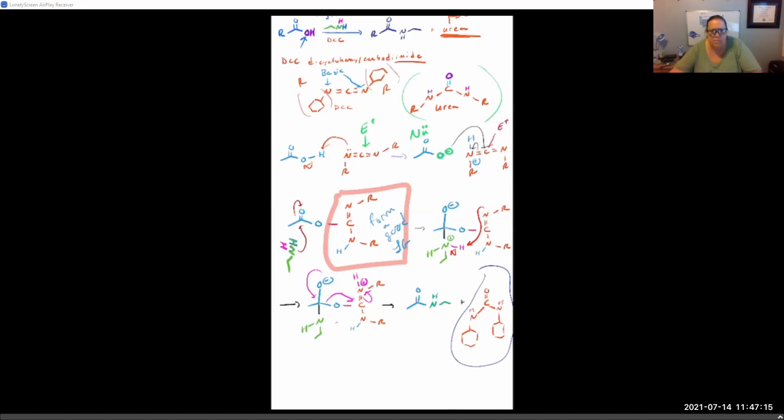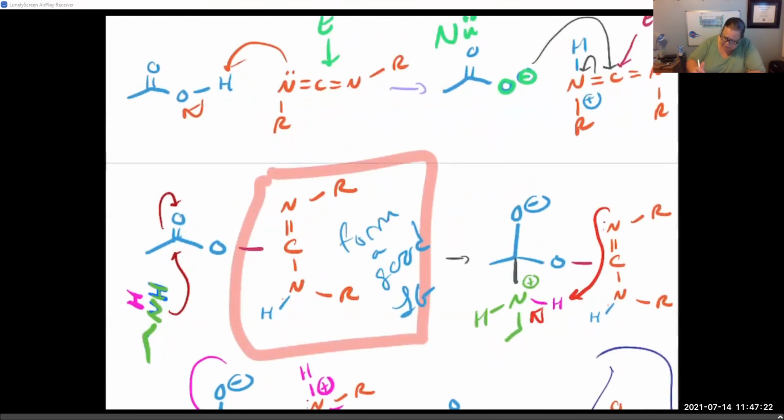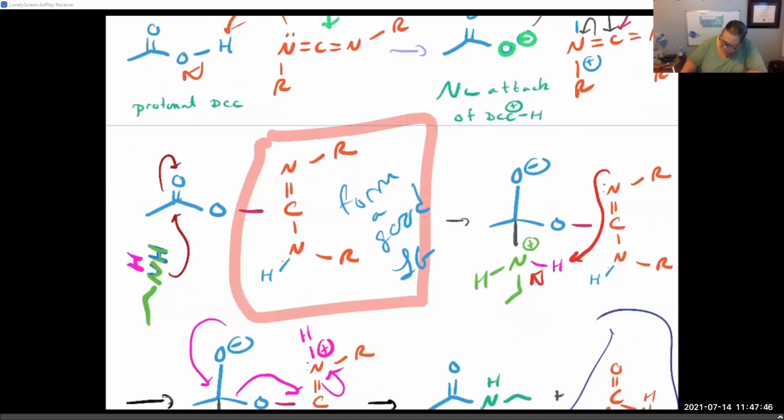So the steps are protonation of DCC, nucleophilic attack of protonated DCC. Let's go through it right here. We're going to protonate DCC, then nucleophilic attack of DCC, and I'm going to write it like this, protonated DCC.